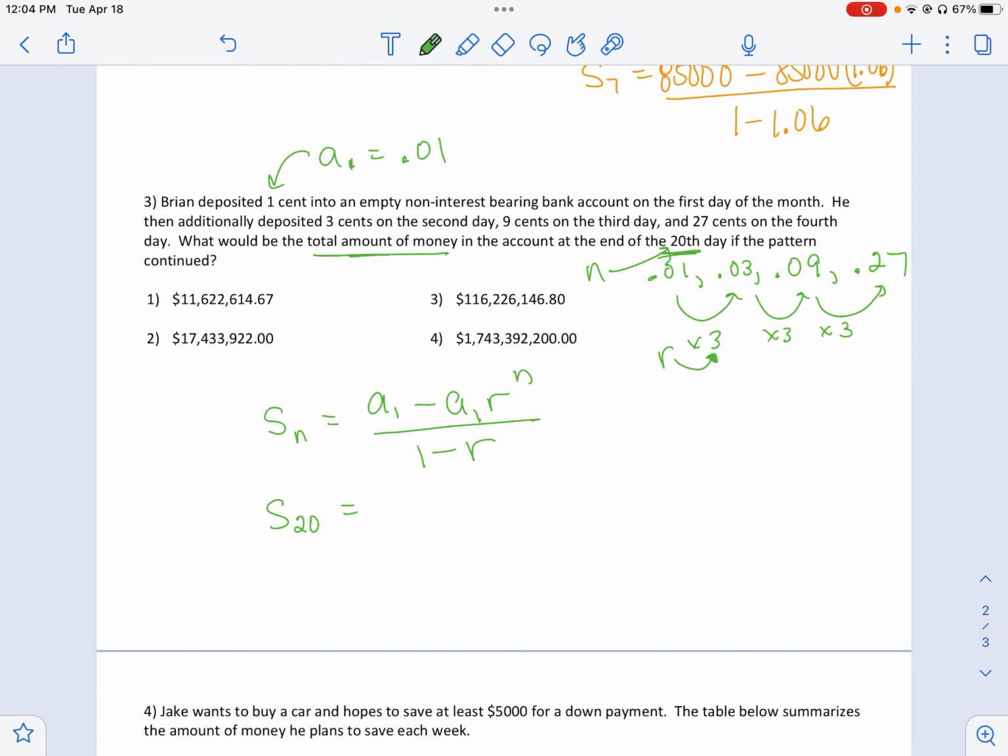So for the first 20 days here, we have 1 cent minus 1 cent times 3 to the 20th over 1 minus the rate of 3. And when you put that in the calculator, that's pretty insane. You'll have $17,433,922. I bet nobody thought that was going to be the case. Okay.